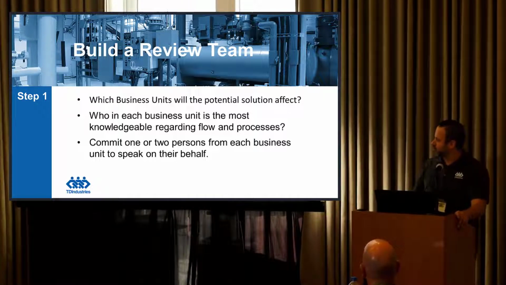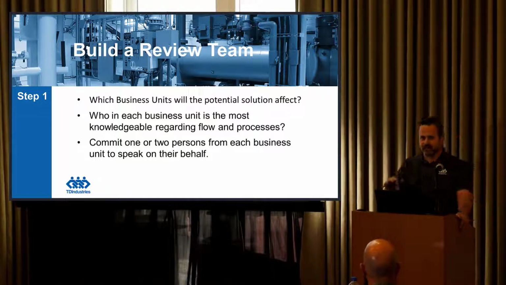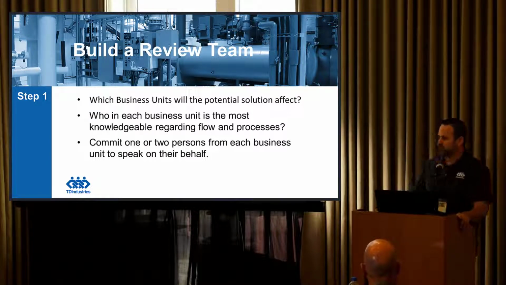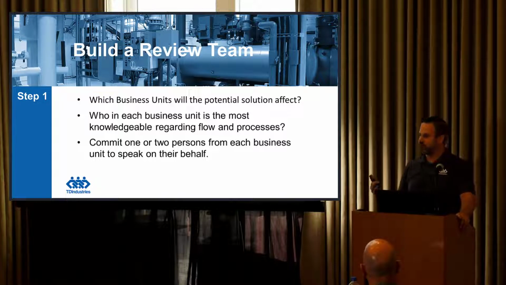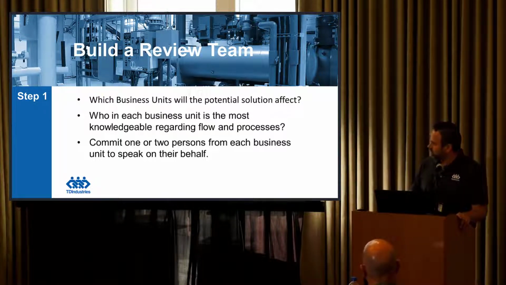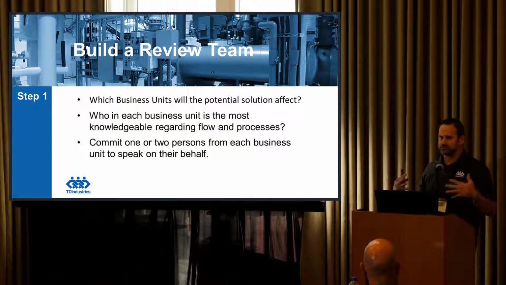What you want to do is work with those business units and pick a person from within that business unit that is most knowledgeable on the processes that unit performs. Maybe not the processes they currently perform, but what processes they want to perform. Sometimes software is a great chance to overhaul how you do what you do.